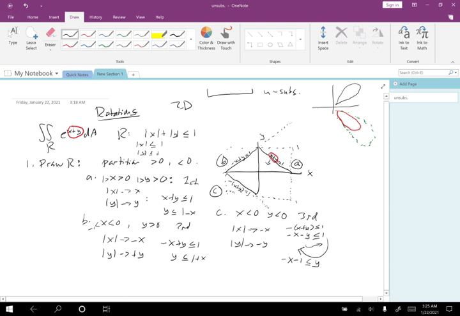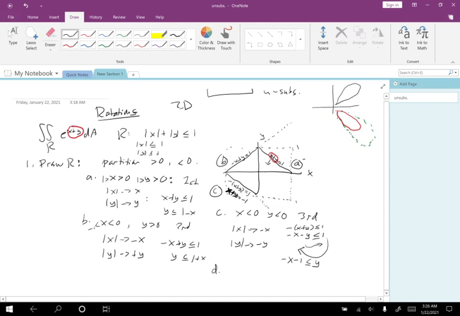Really what this is, x plus y equals negative 1. And that's important because now we'll eventually be treating x plus y as our u. And so really, the top side A corresponds to u equals 1, and side C corresponds to u equals negative 1. Okay, but we're getting ahead of ourselves.